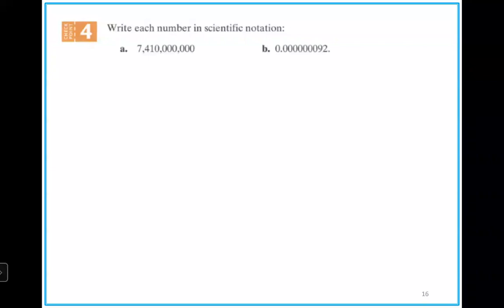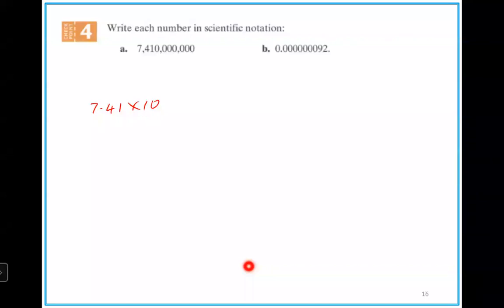4A. Would that be 74.1 times 10 to the 7 power? The first number has to fall between 1 and 10. It can't be greater than 10. So it wouldn't be 74. So that'd be 7.41 times 10 to the 7th power.